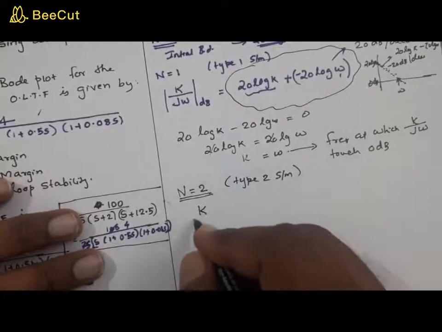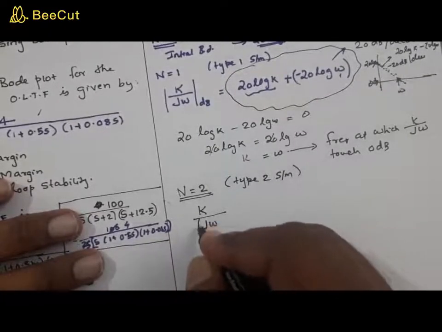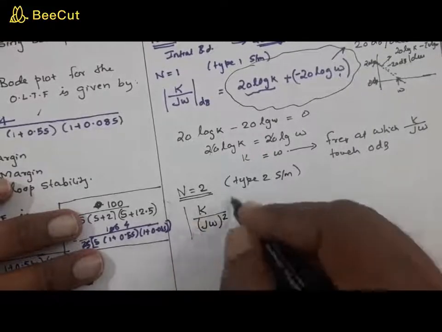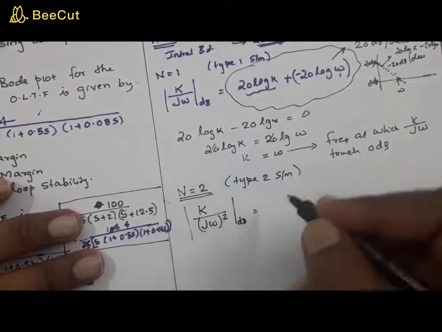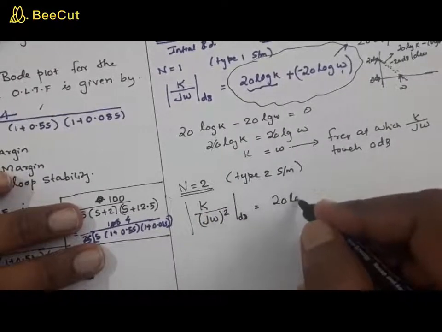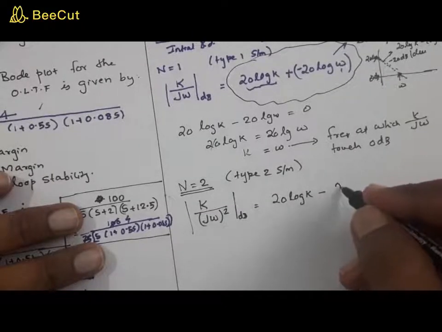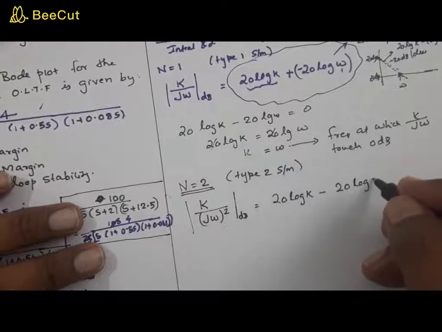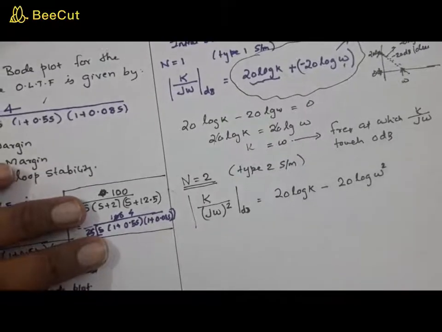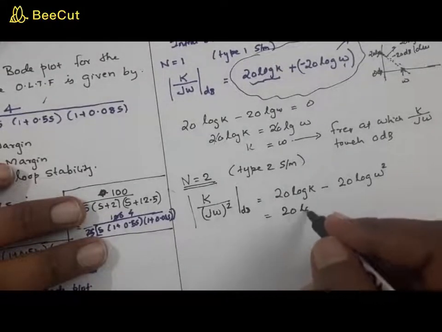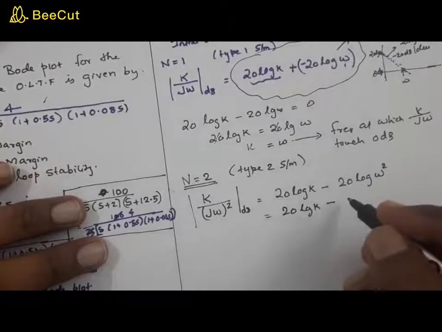The equation becomes k by j omega the whole square, and if you express the magnitude in decibel, you will get 20 log k minus 20 log omega square, or 20 log k minus 40 log omega.